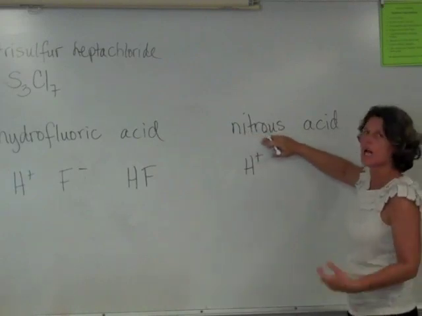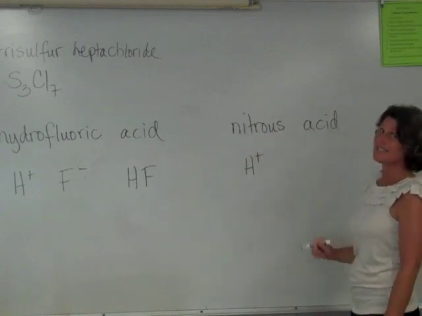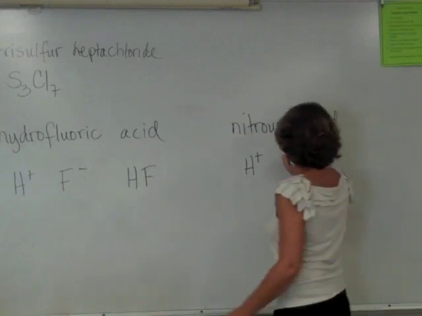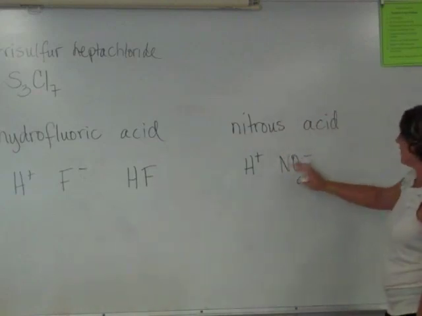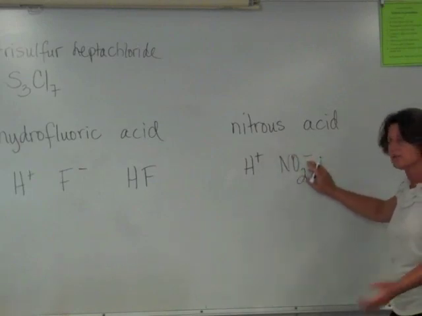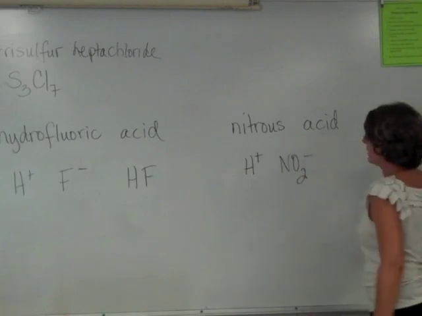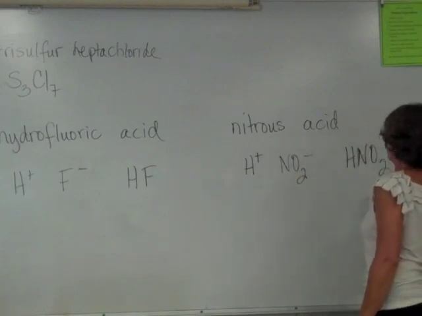Ous is ite. Nitrite. NO2, -1 charge. My positive and negative, in this case, balance. +1, -1. So I simply write it HNO2.